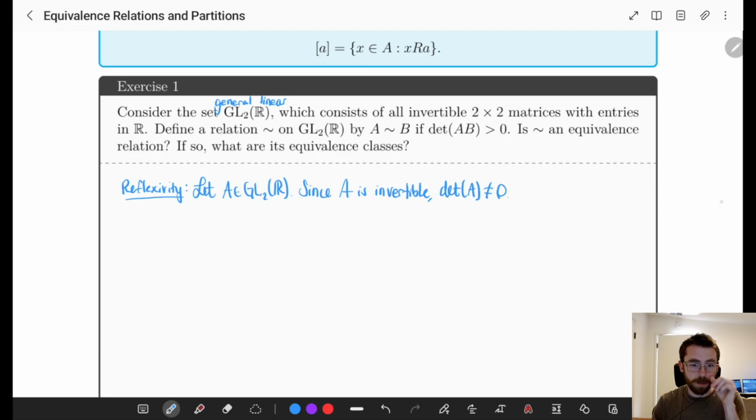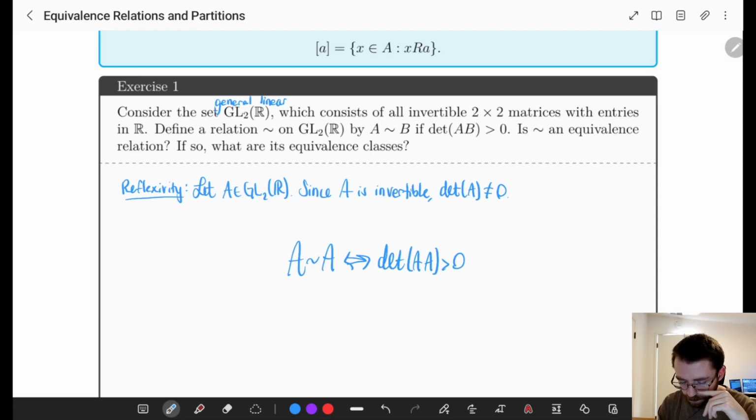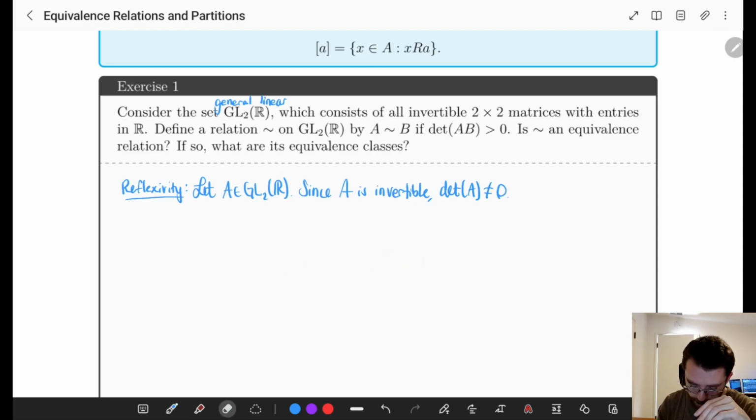That's one of the many equivalent conditions for being an invertible matrix from the invertible matrix theorem. Okay, so the determinant's non-zero. How is that useful? Well, let's think about what we want. We want to show that A is related to A. I.e., I want to show the determinant of A times A is positive. So let's start thinking about the determinant of A times A.